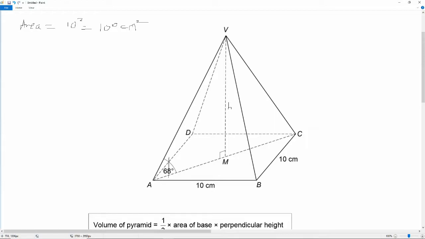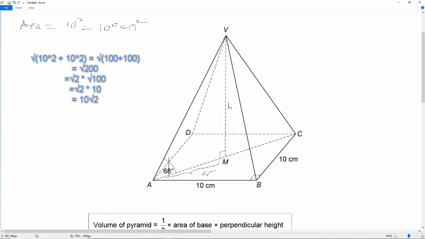AM, we can get length AM fairly straightforwardly because this is a right angle, because this is a square. So we've just got ourselves a right angle triangle, and we can use Pythagoras' theorem to get the diagonal of the square. In fact, you might know that the diagonal of a square is just the length times root 2. So the diagonal is 10 root 2, so length AM is just 5 root 2.